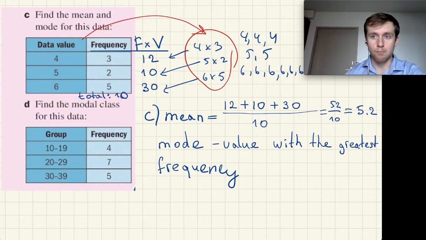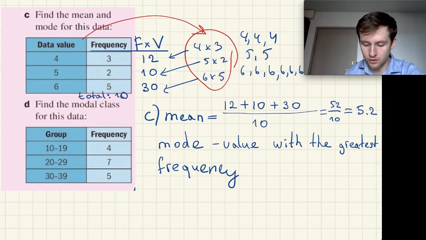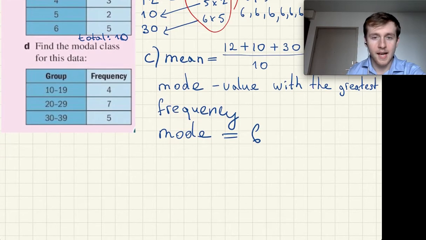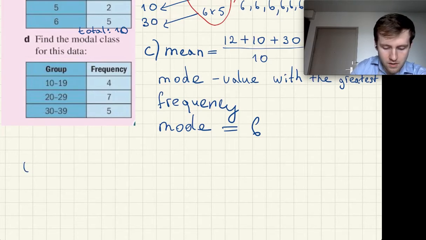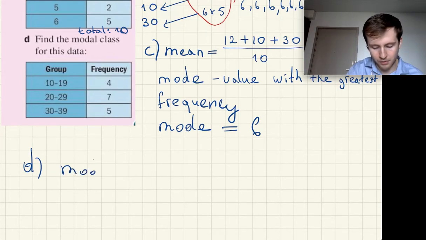And so the mode is the value with the greatest frequency, and we can see that most of all we have 6. We have a lot of 6s here. So for C, mode is equal to 6. As for D, we have to find the modal class. The modal class is again the class with the highest frequency.